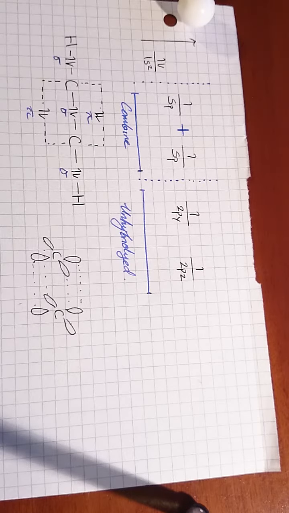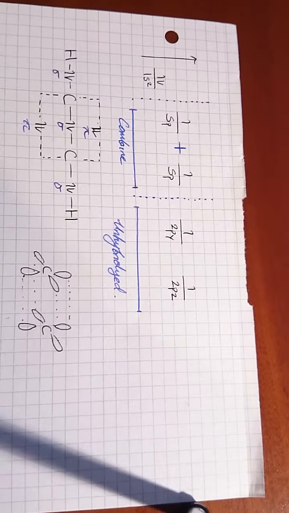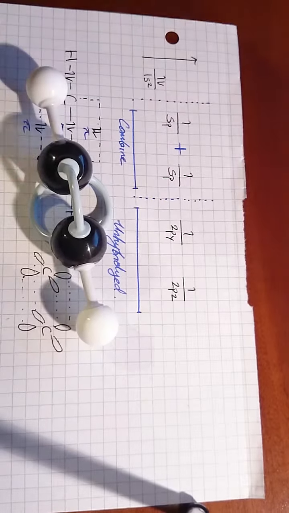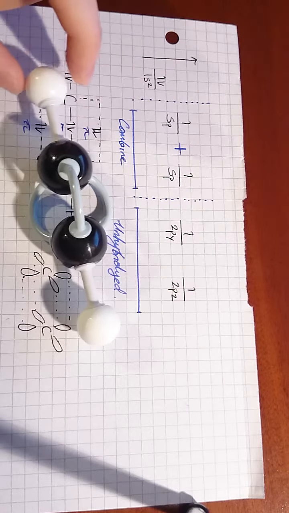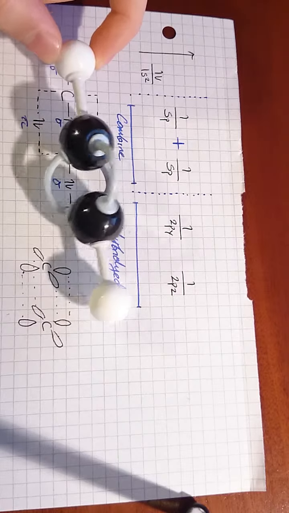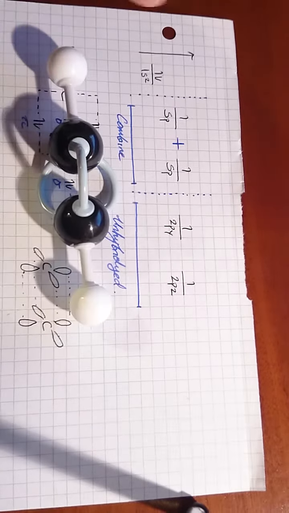The sp hybrid orbitals have half s character and half p character, because there's half of there and half over there. And they form a linear 180-degree carbon skeleton, 180 degrees between the two hydrogens here.